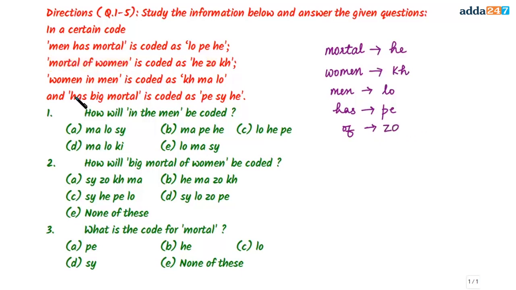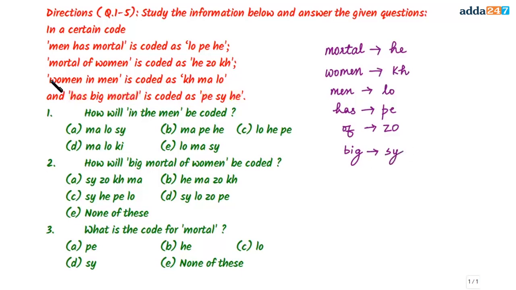Now if we look at the last sentence, which is "has big model", we've already coded has as PAY, model as HE, and only left here is big and here is SY. That means big corresponds to SY. So writing big here and SY.